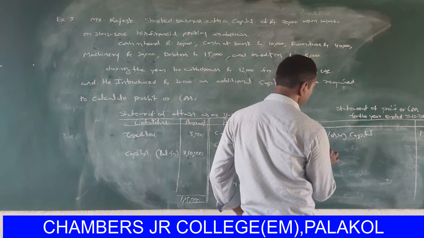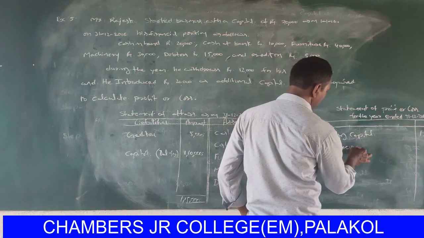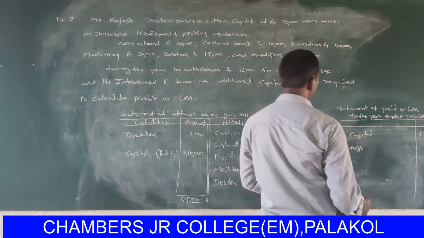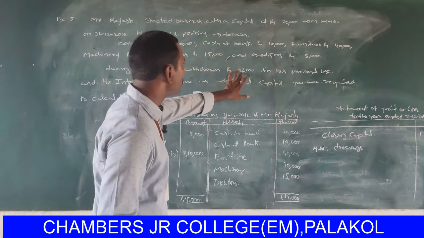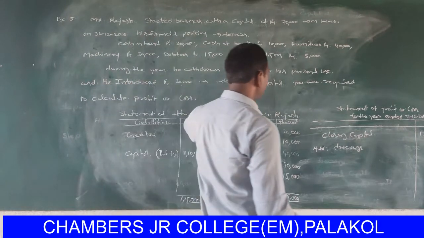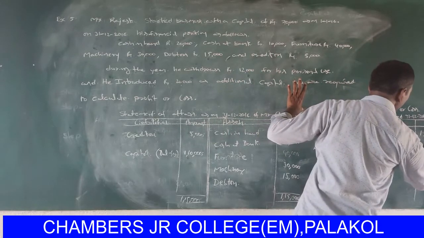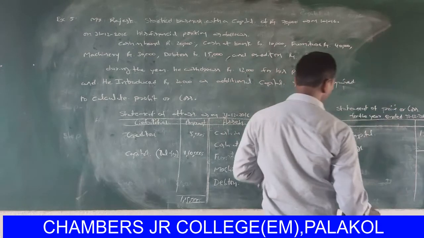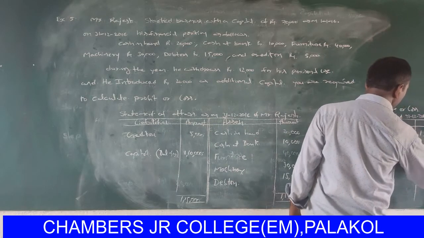Now add drawings. During the year he withdrew rupees 12,000 for personal use. This is the drawings, rupees 12,000. 1,10,000 plus 12,000 is 1,22,000.